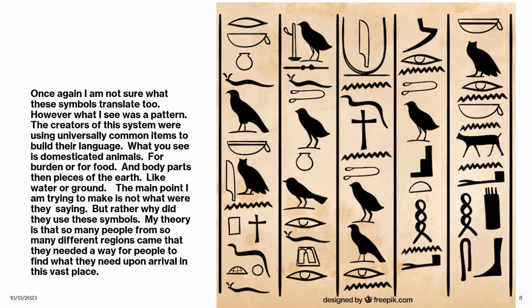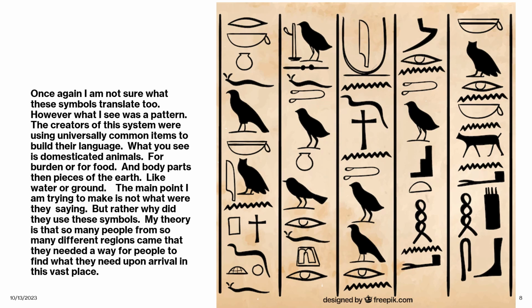The creators of this system were using universally common items to build their language. What you see is domesticated animals, either for burden or for food, and body parts. Then pieces of the earth, like water and ground.